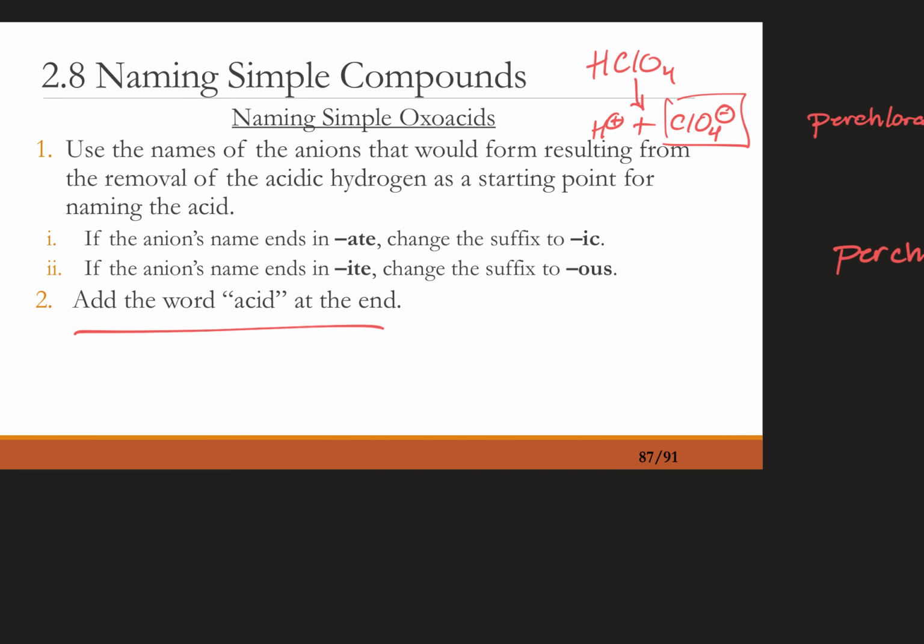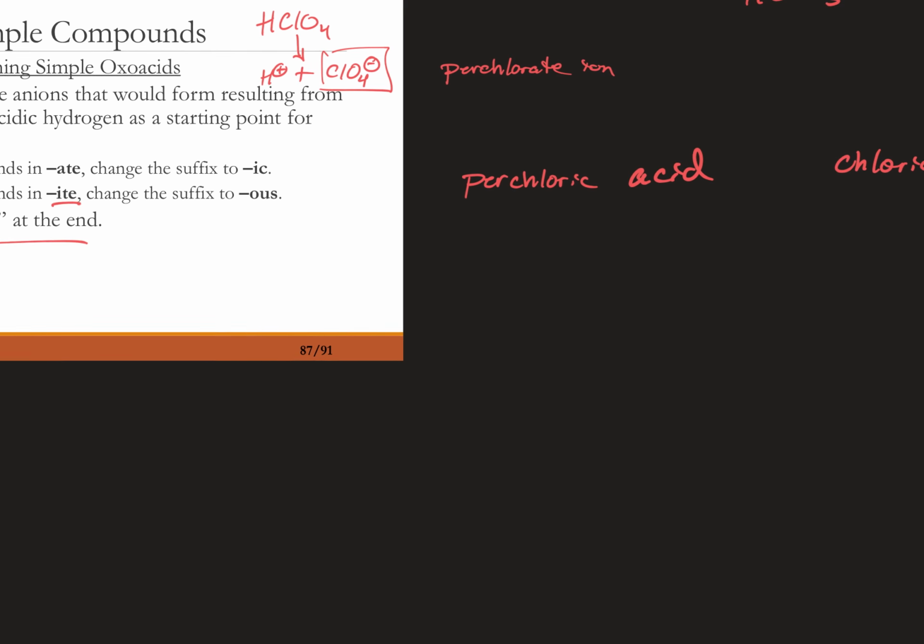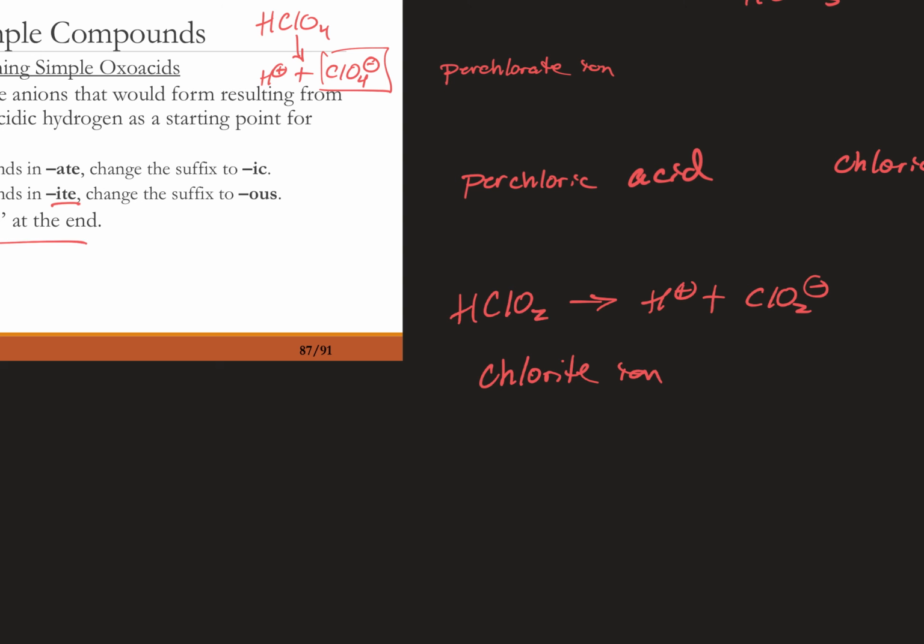If the anion's name ends in "ite," change the suffix to "ous" and then add the word acid at the end. So for HClO2, this becomes the ClO2 minus ion, which is the chlorite ion. And so the acid name is chlorous acid.